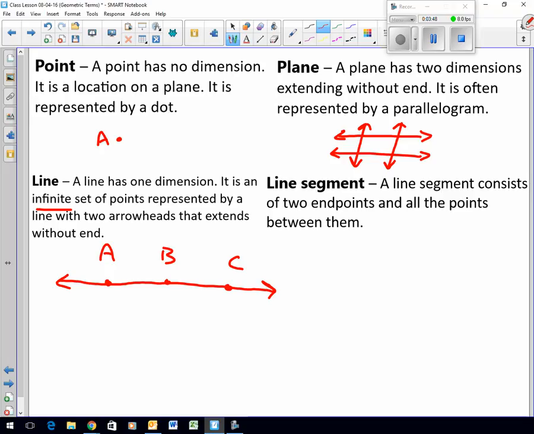That's where the infinite goes, right? It does not end. It never ends. It goes on and on and on and on, my friend.